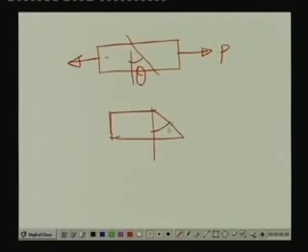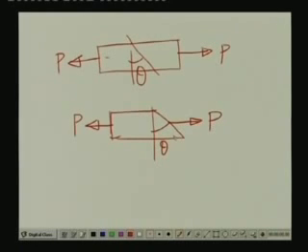If we take the free body diagram of this particular body, this is angle theta. We have the force acting here as P. The resistive force acting on this body to keep it in equilibrium is P. So, this will have two components, one along the normal and one along the plane of this particular section.